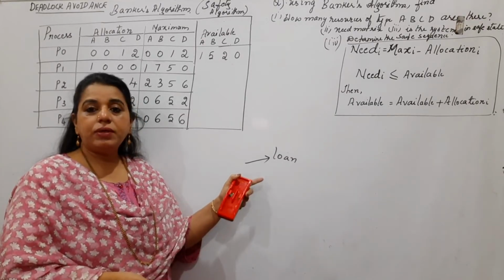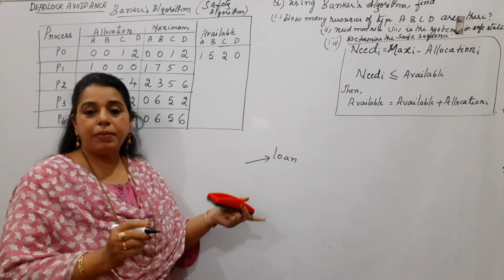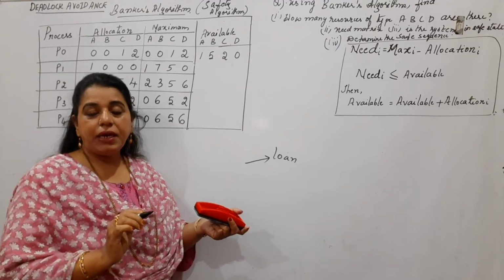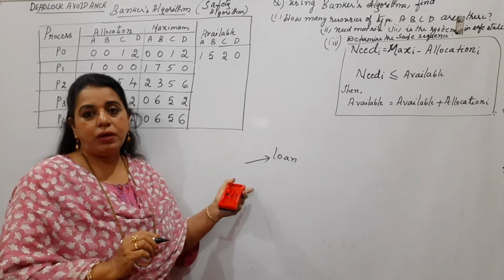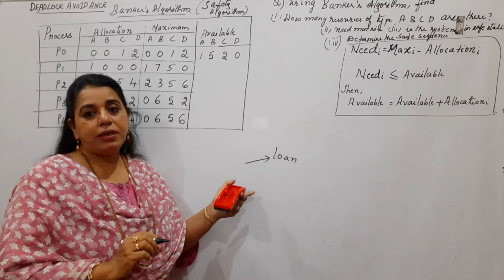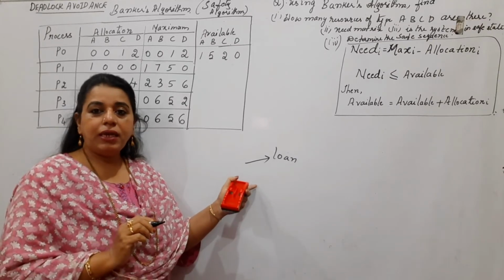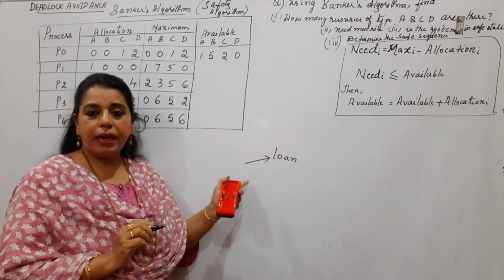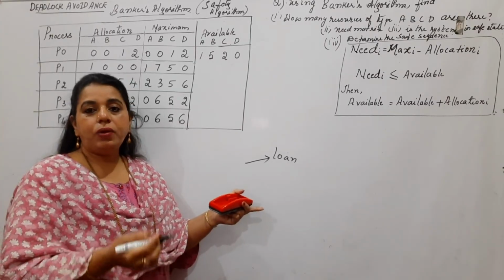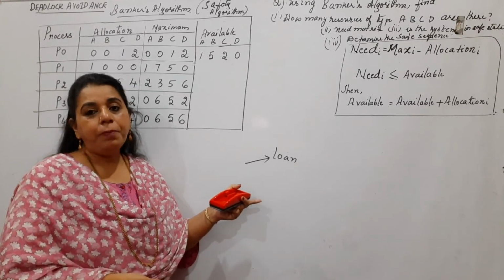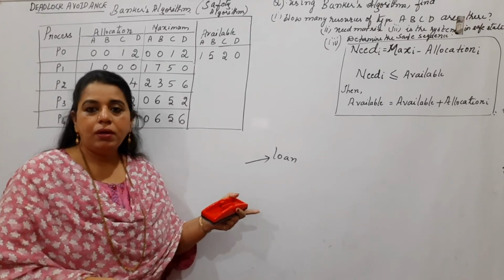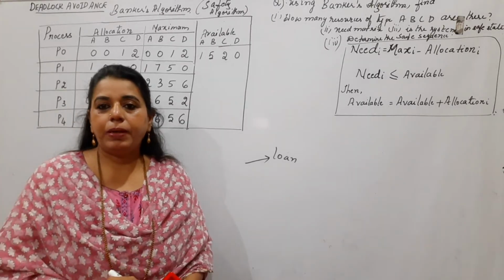Only then can the loan requested by some person X be granted. That means the bank should be in a safe state, without affecting the actual account holders who have their money deposited in the account. So before sanctioning the loan to person X, this condition is checked, and only then can the request for the loan be granted or not, based on the resources that are available in the bank.